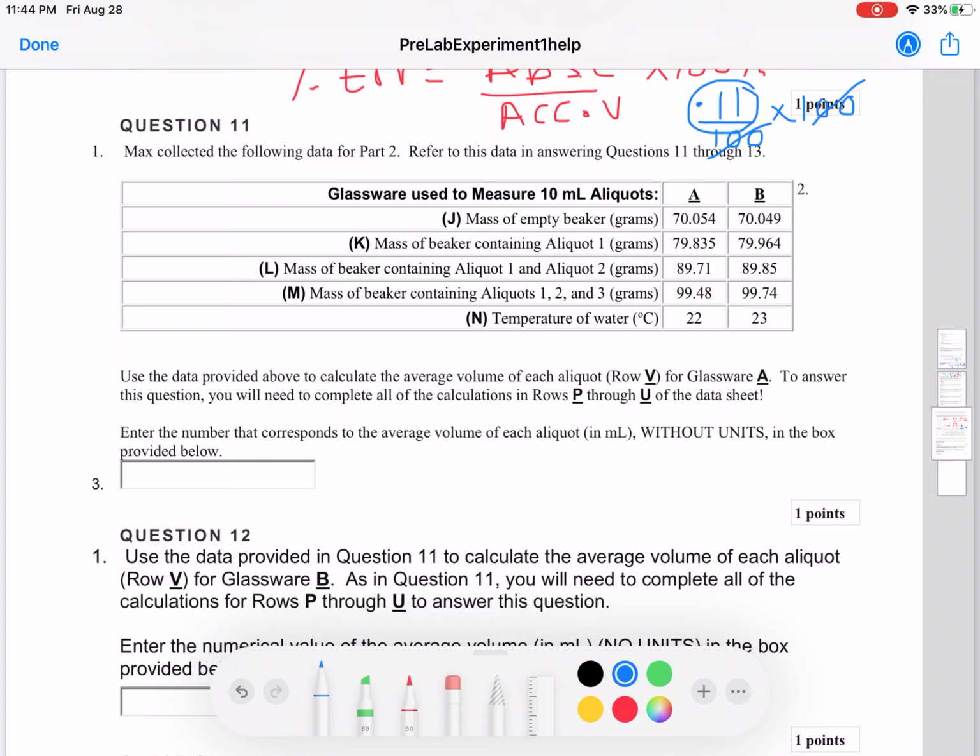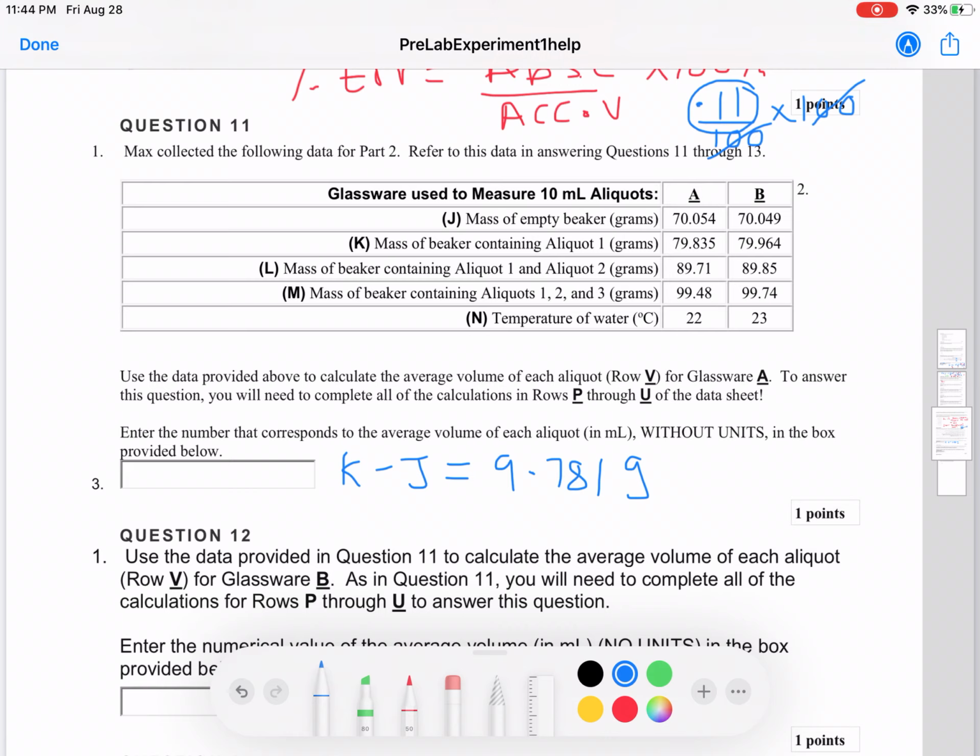So 79.835 minus 70.054 will give you the mass as 9.781. So K minus J for column A is going to be 9.781. That is the mass.